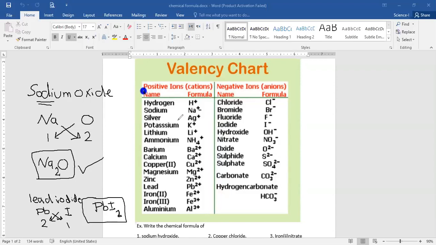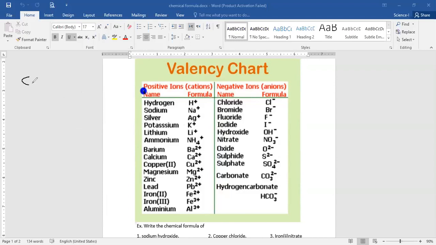Let's take another example to clarify something important. For example, calcium sulfate.